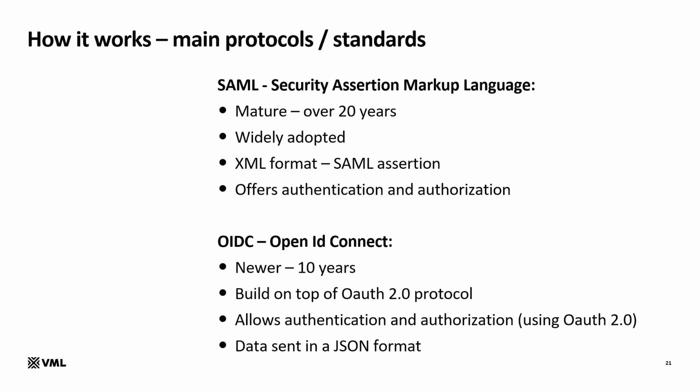It's called OpenID Connect. It's newer and built on top of the OAuth protocol, so basically it takes off authorization capabilities and adds authentication on top of that. In the case of OIDC, we are using JSON format, so the token consists of a JSON part, and it's easier to work with.